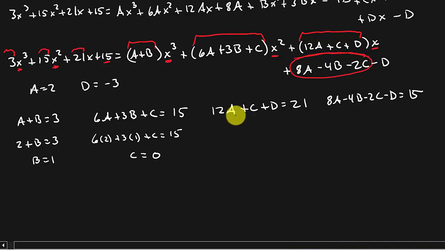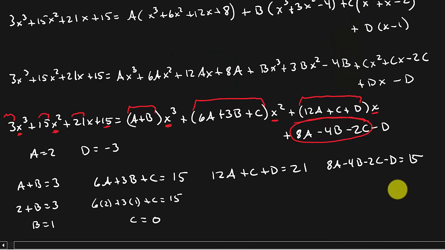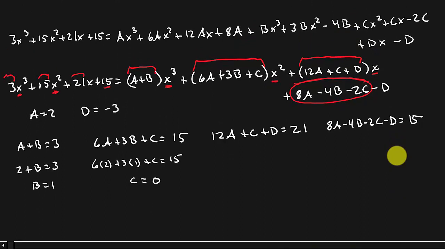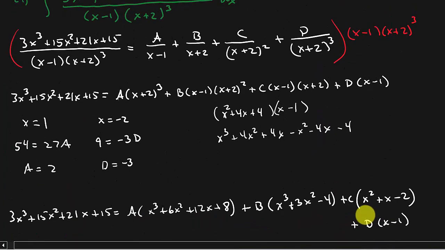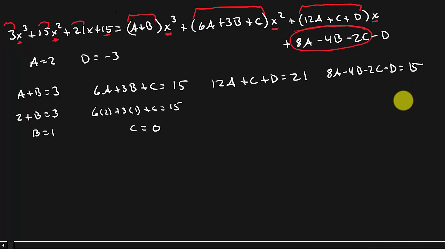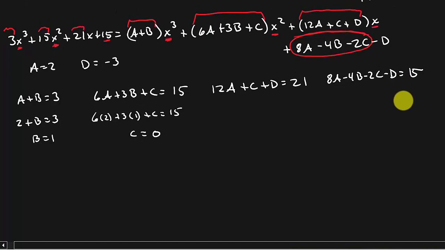And so I've got A, C, and D already, so that's good. Let's see, which one don't I have? I've got A, D, B, A, B, C, and D. And is that all of them? Yep, so that's all of them. So I really didn't even need to use that last one over there.